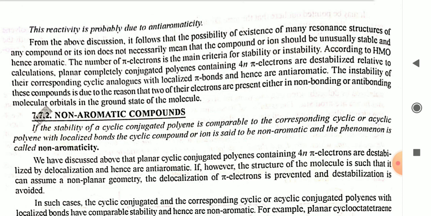According to HMO calculation, planar completely conjugated polyenes containing 4n pi electrons are destabilized relative to their corresponding cyclic analogs with localized pi bonds and hence are anti-aromatic. The instability of these compounds is due to the reason that two of their electrons are present either in non-bonding or anti-bonding molecular orbitals in the ground state of the molecule.